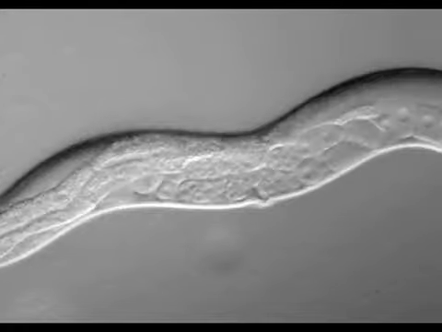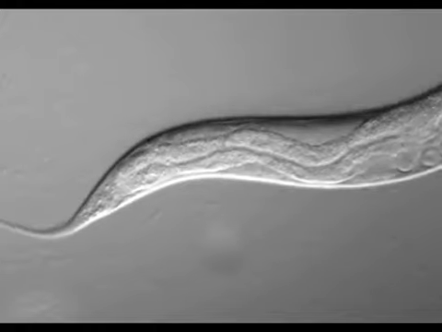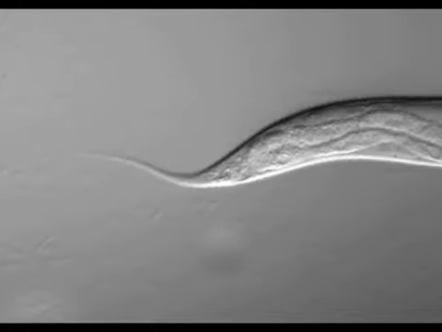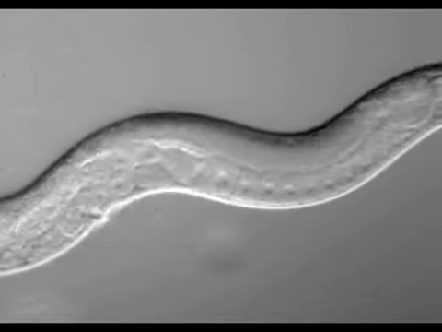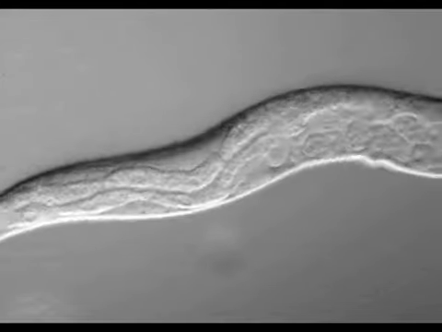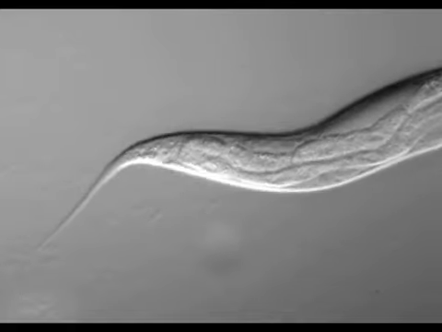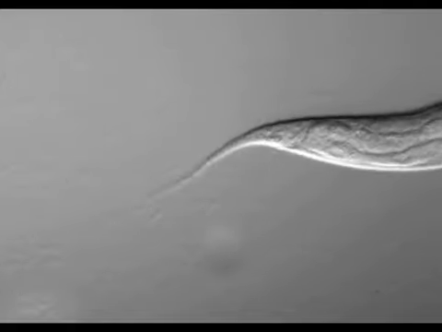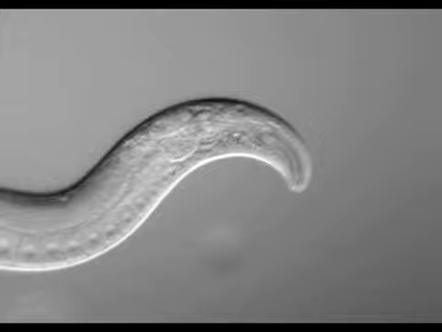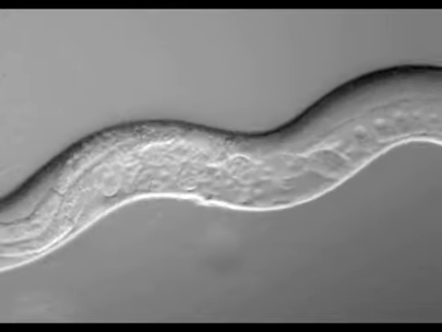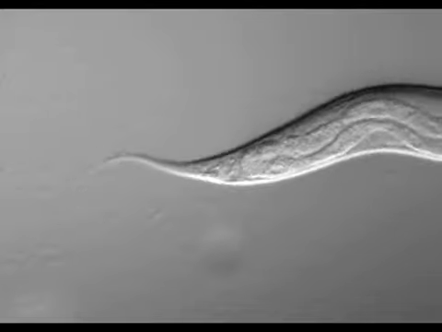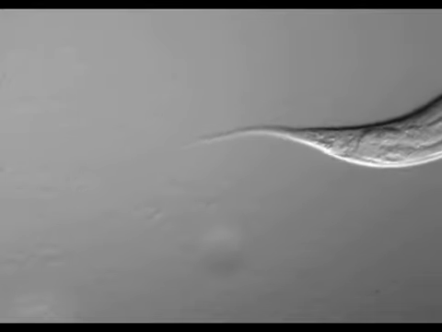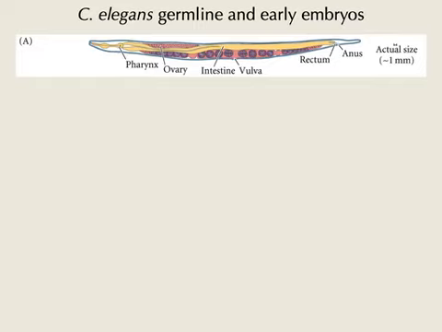It's extremely simple. There's about 1,000 cells. And as you can tell, it's very transparent. So by simple light microscopy, you can see individual cells. And people have traced all the lineages, all the cell divisions, leading to the formation of these adults from the fertilized egg. So it's been a boon for cell biology in an actual living organism.